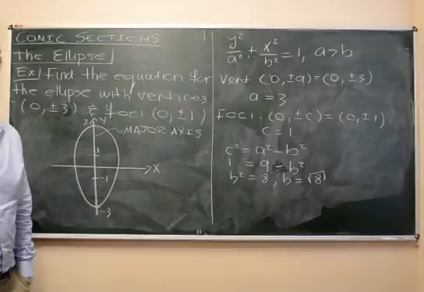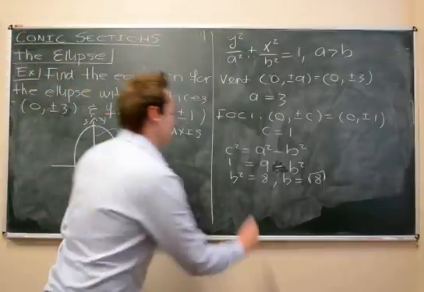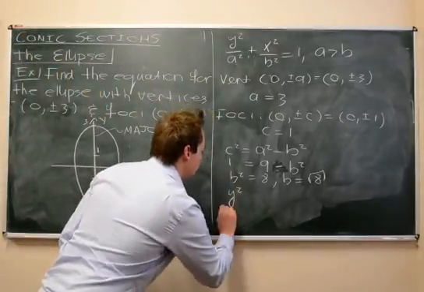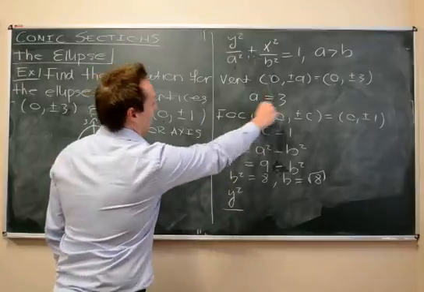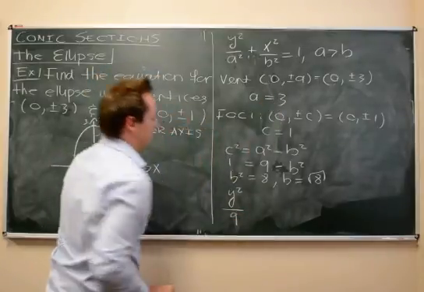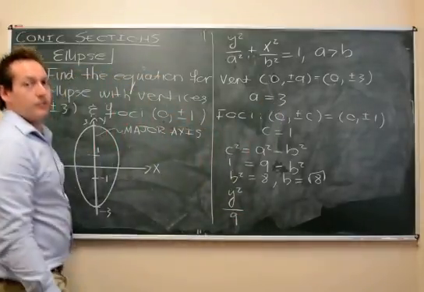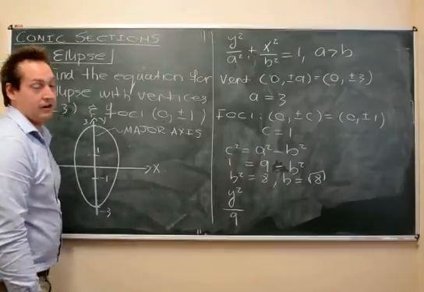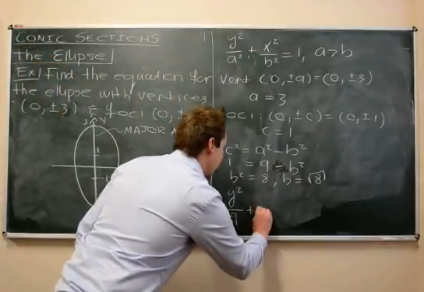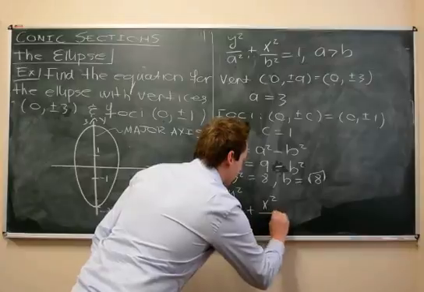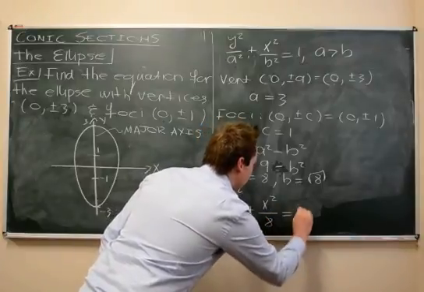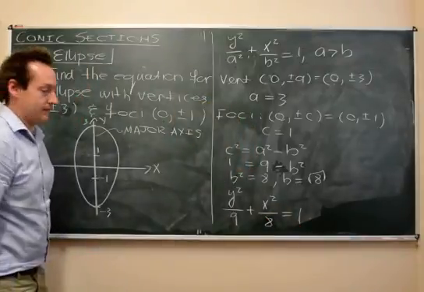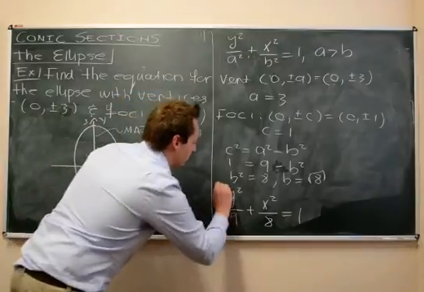So the equation for this ellipse is y squared over a squared, a is 3, so that's 9, plus x squared over b squared, and our b squared is 8, equals 1. So there's the equation for the ellipse.